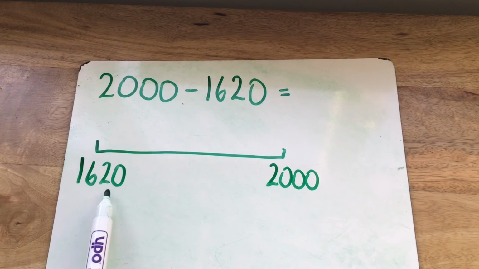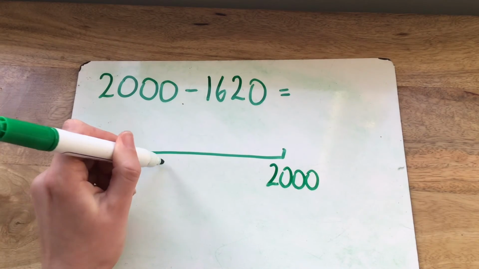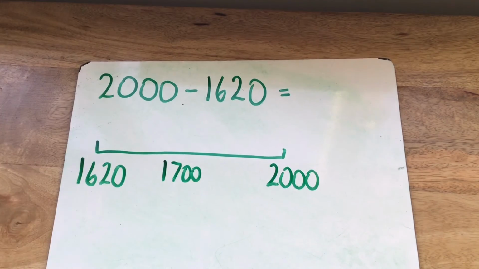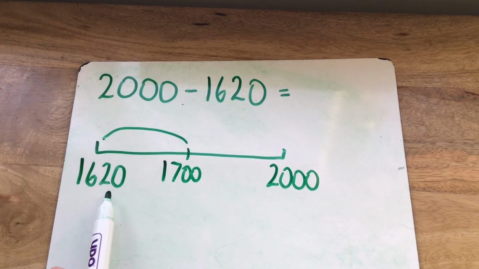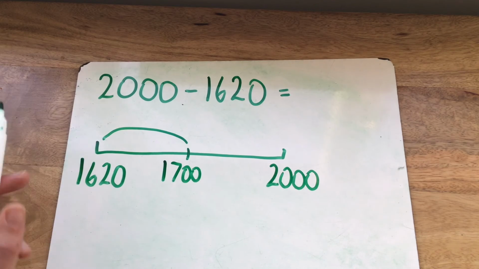So looking at this number, it's going to be easiest for me to try and get to 1,700. And to do that, if you know your number bonds to 10, then you know 2 and 8 make 10. So then you'll know your number bonds to 100, 20 and 80 make 100.